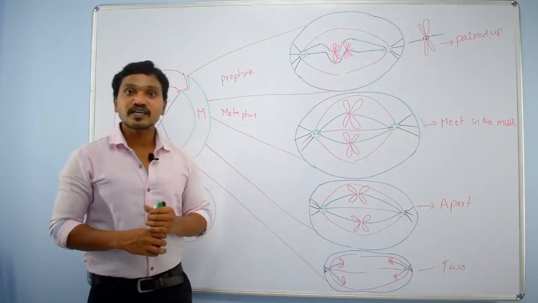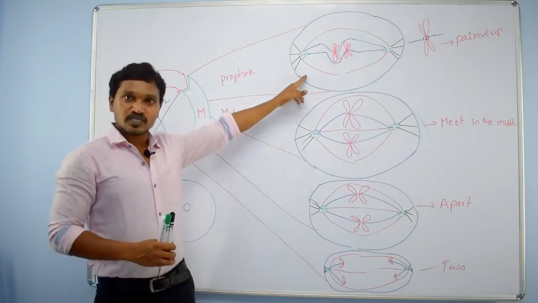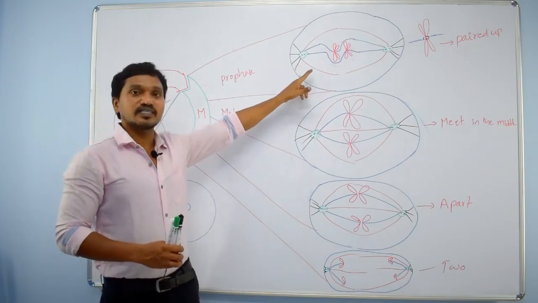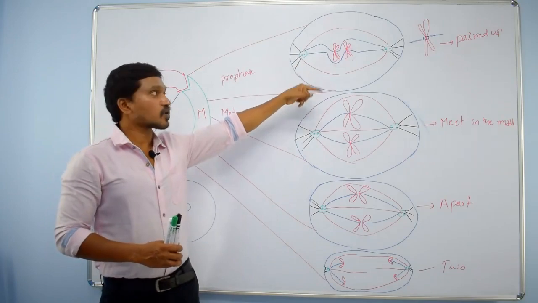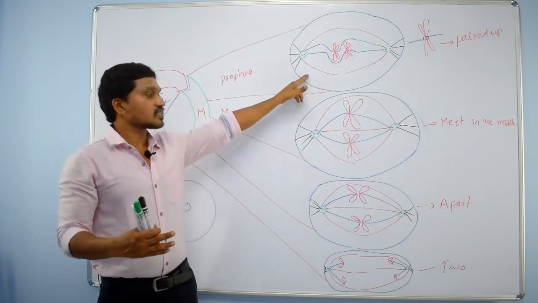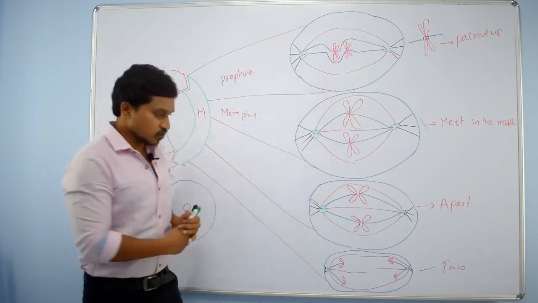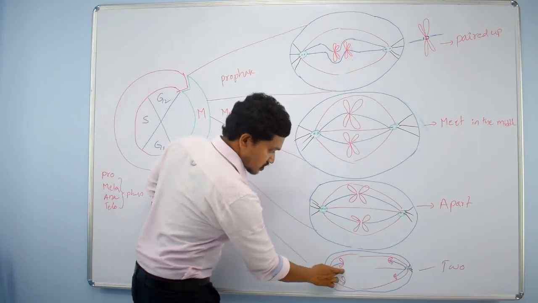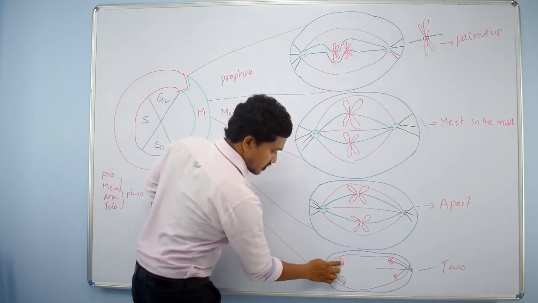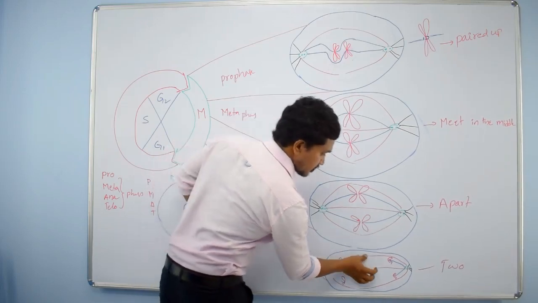This is the reorganization phase. Whatever processes occurred here, those processes will be reversed. This is disorganization and this is reorganization. So here the aster formed, so here disappearance of aster. So the aster disappeared here.